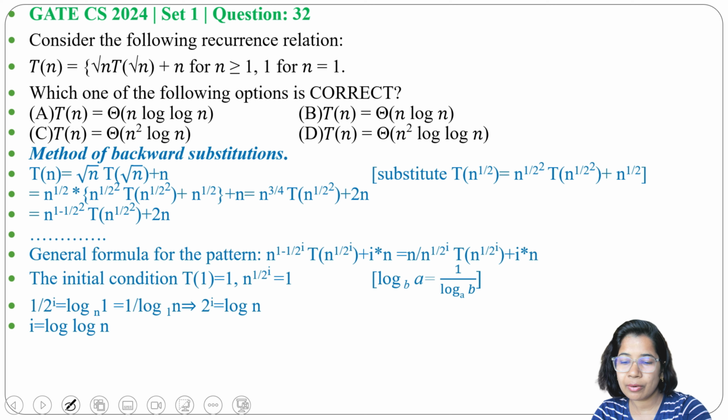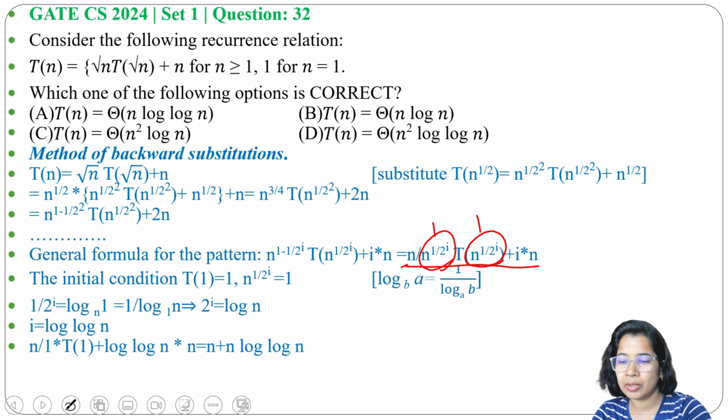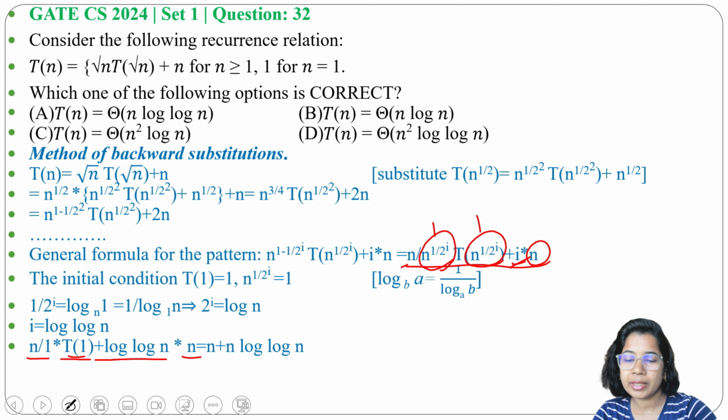Okay, so now substitute the value. We'll substitute n power 1 by 2 power i, so this whole is 1. So n divided by 1, then T of 1, then in place of i we write log of n, and there one n is given, so we'll write n. n divided by 1 is n, T of 1 is 1.